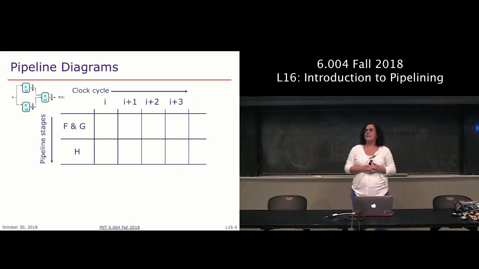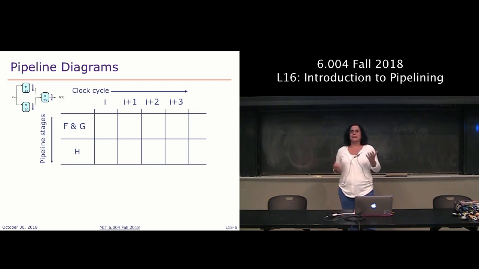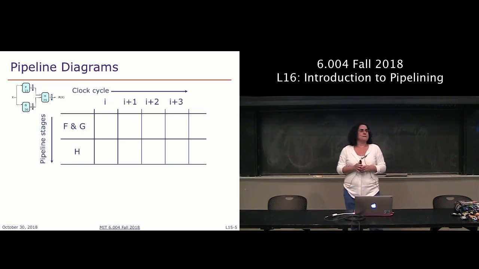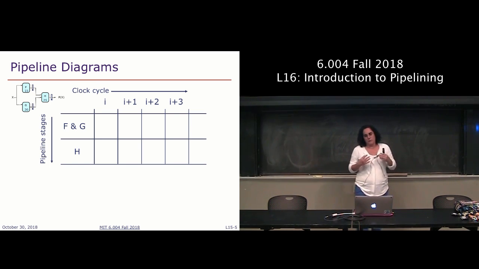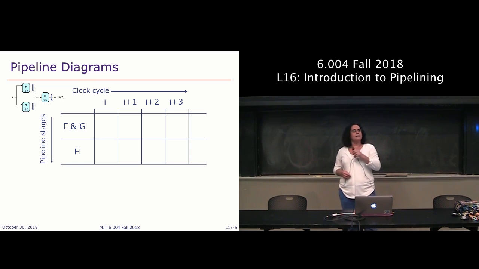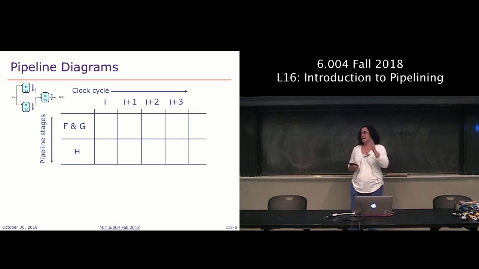Another way that we like to express what's going on in a pipeline circuit is using pipeline diagrams. In a pipeline diagram, the rows correspond to the pipeline stages, and the columns correspond to your clock cycle.